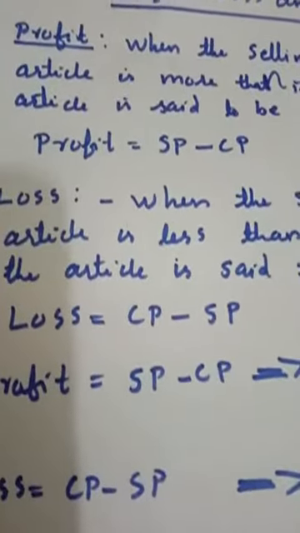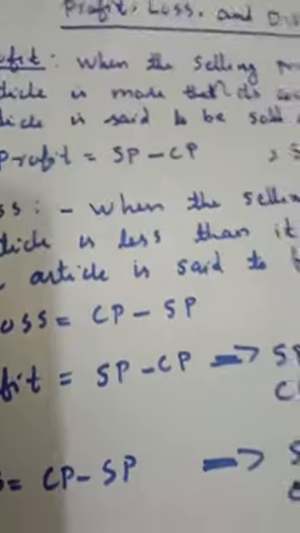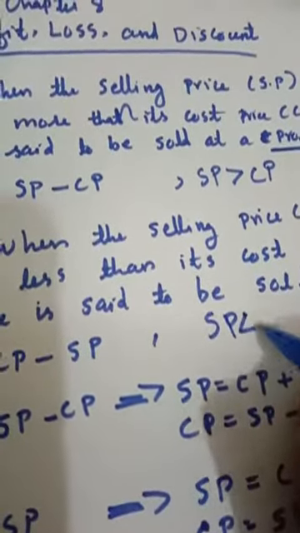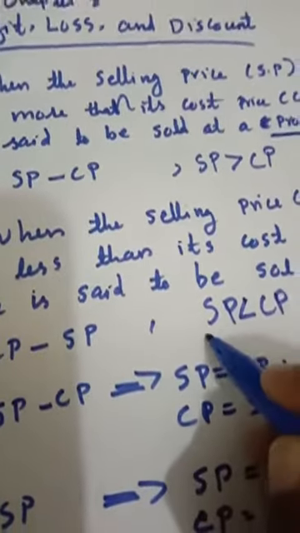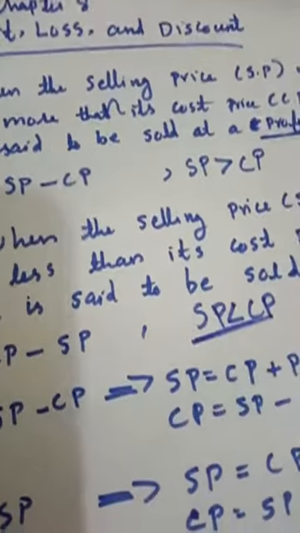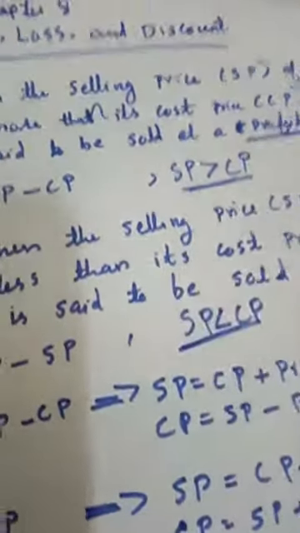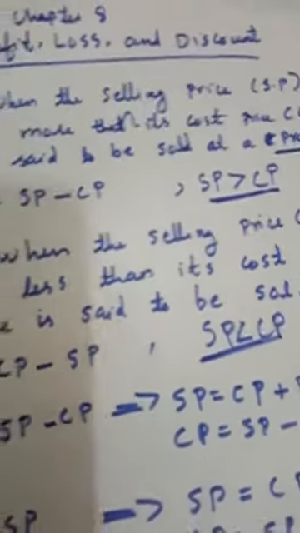Loss means SP is less than CP. Profit means SP is always greater than CP.